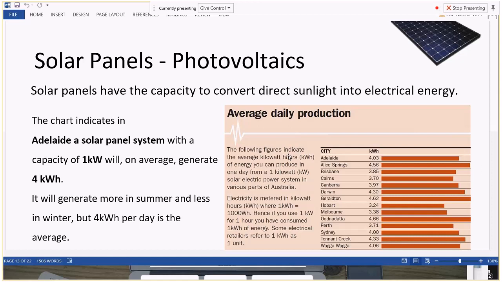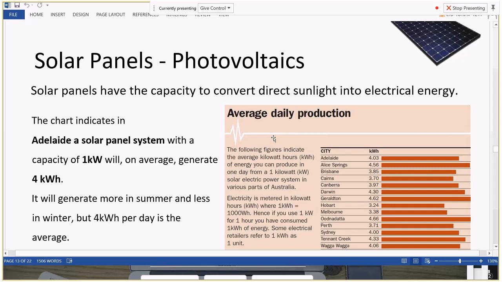Do we want to be connected to the grid? Do we want a standalone system? And currently also the state government are giving rebates for batteries as well. So your standalone systems, I think you can do that for about 7 to 10 grand. So it's becoming cheaper, sort of on that cusp of that.